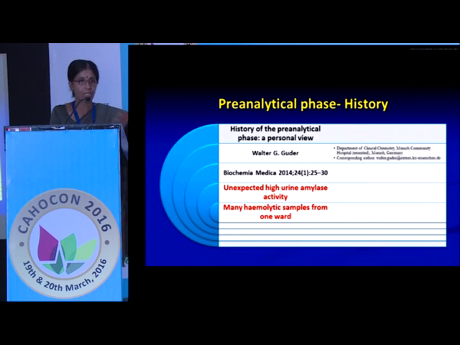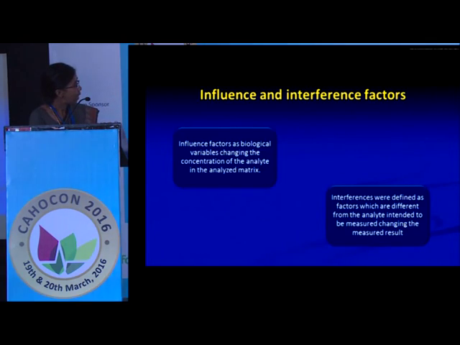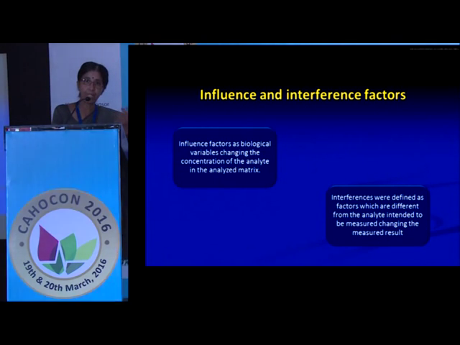Every laboratory thought if they looked after their test performance, the equipment, the internal QC and EQAS, they were satisfied. There was nothing called pre-analytical variables. It's only after this came into vogue that they described, in that article, what are called influencing and interfering factors.